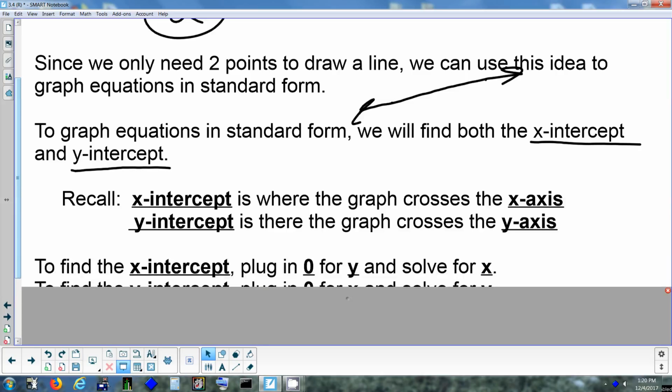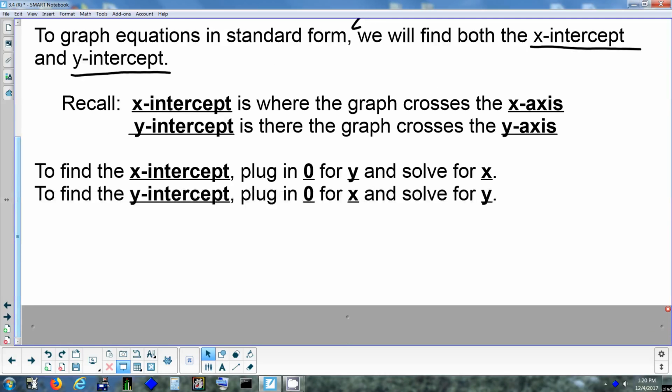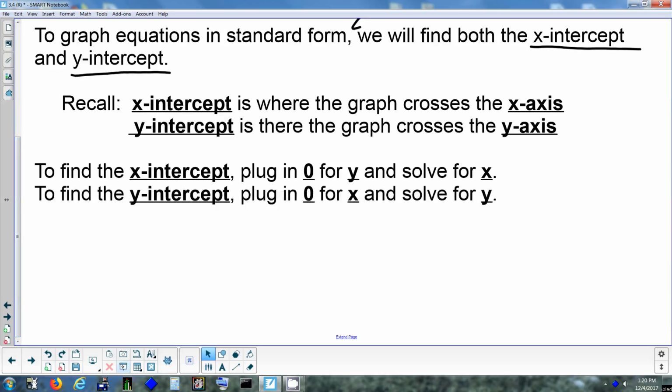So when you want the x-intercept, plug in 0 for y. It's like you're plugging in 0 for the opposite of what you want to find. If you want to find x, plug in 0 for y. If you want to find y, plug in 0 for x. Opposites attract.